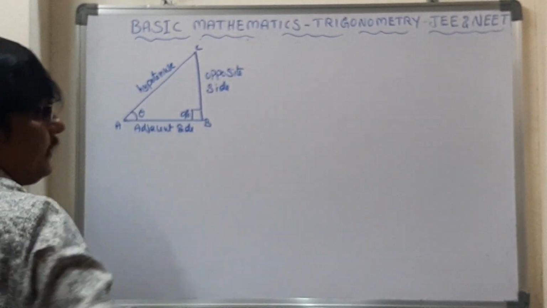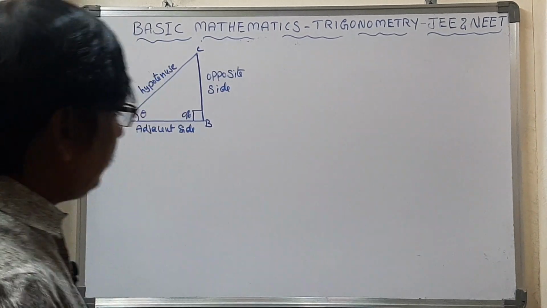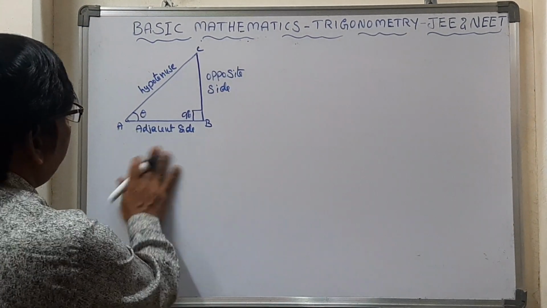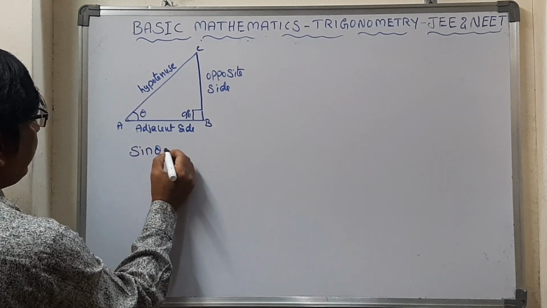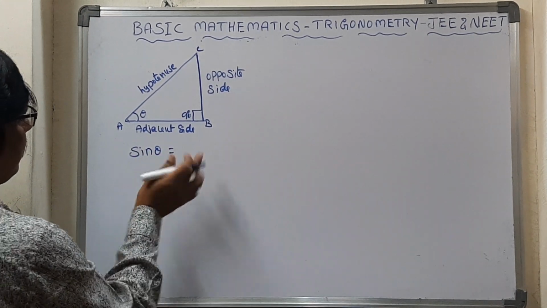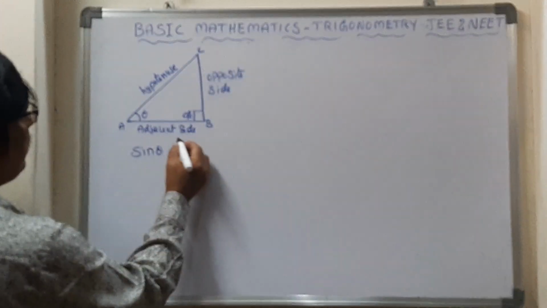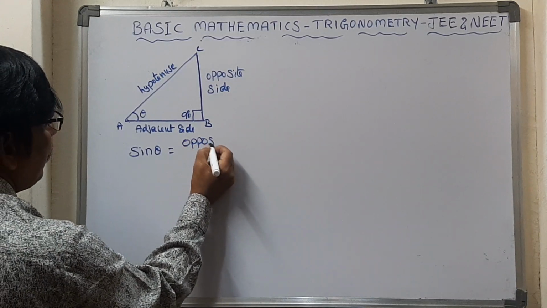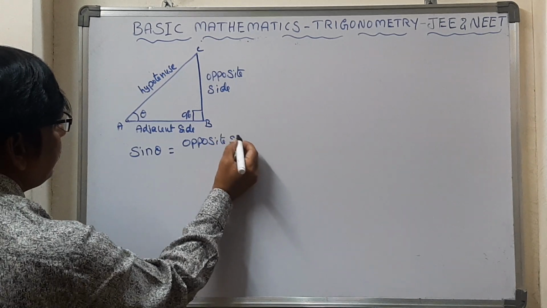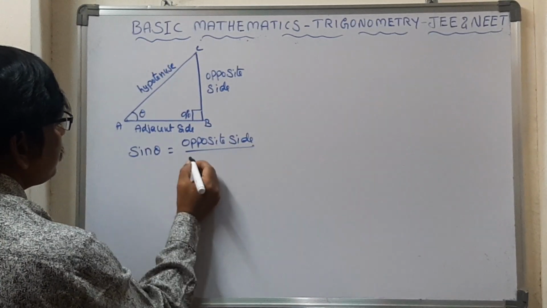Now let us see sin theta. Actually this is sine, but we skip the E and call it sin theta. Sin theta is equal to opposite side by hypotenuse.